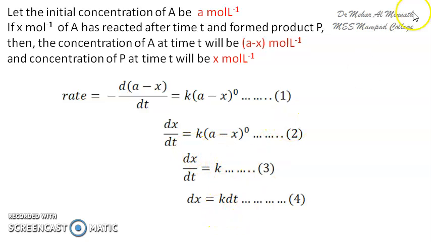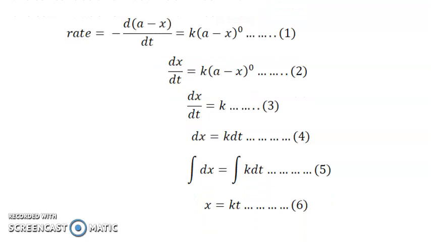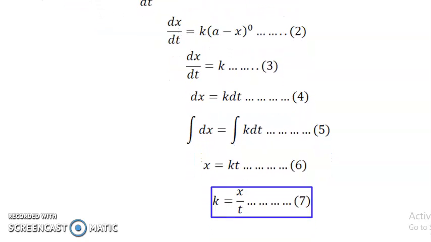We can rearrange this equation 3 and you get equation 4. When you integrate equation 4, you get the solution as x equal to kt. Now rearrange this, you get k equal to x by t.